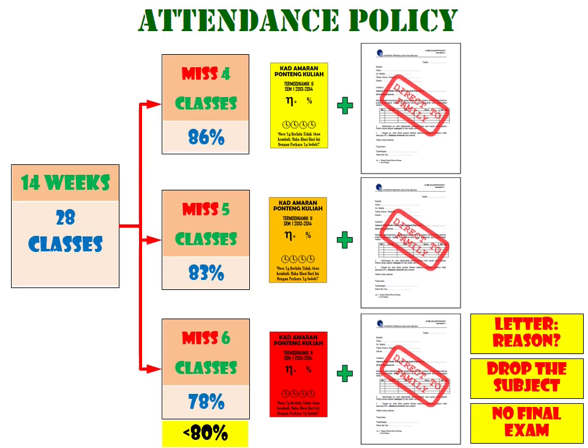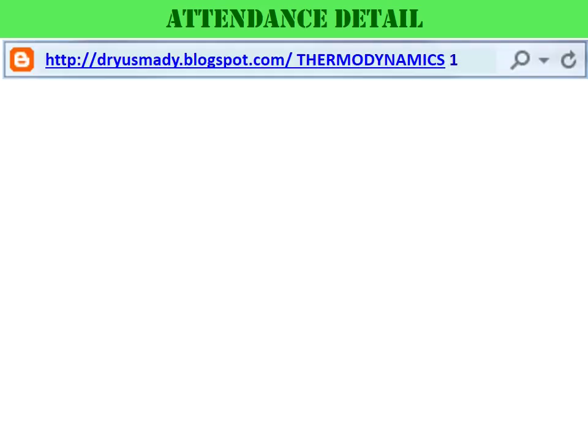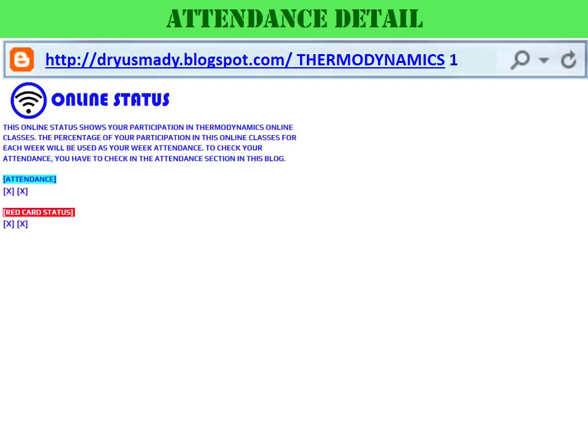Okay, if you give a letter of reason, I will change the percentage of your attendance. So your absent status for a specific class will be absent with permission. That's how the attendance policy works in my class. About the attendance details, you can check in my blog, under online status.